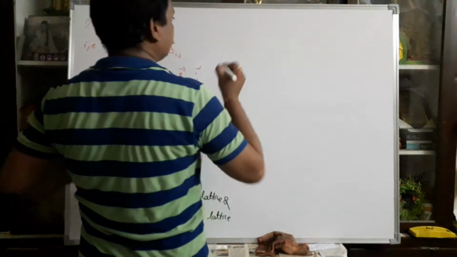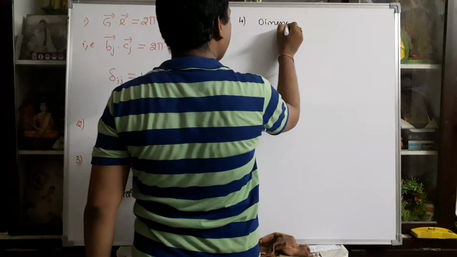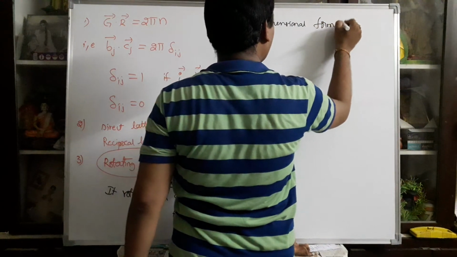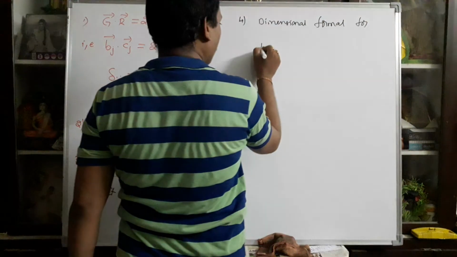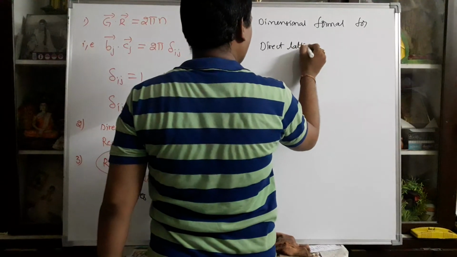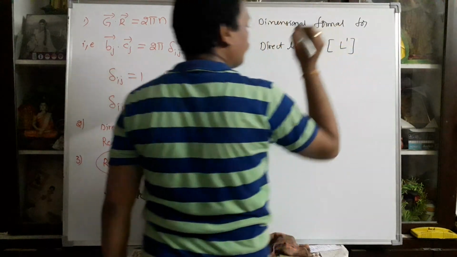And fourth one, the dimensional formula. For the direct lattice, which is represented by length, the dimensional formula is L power 1.